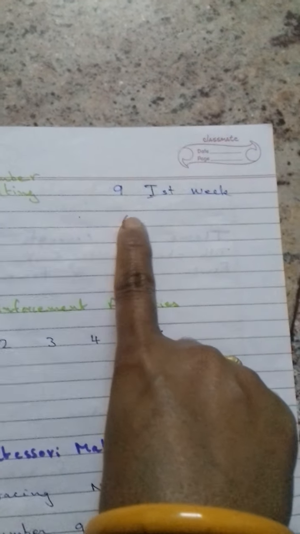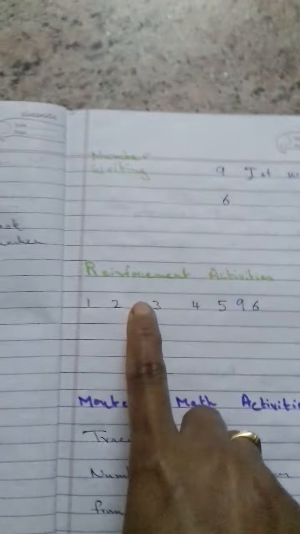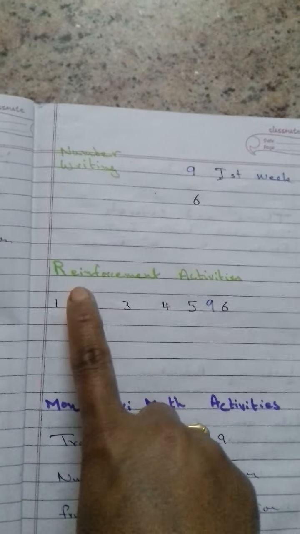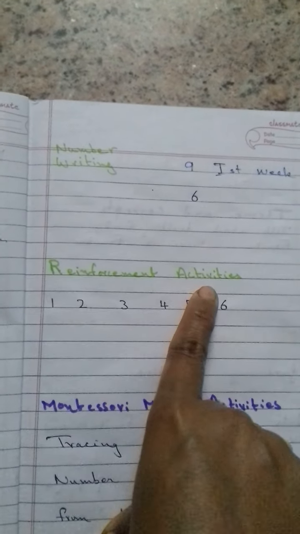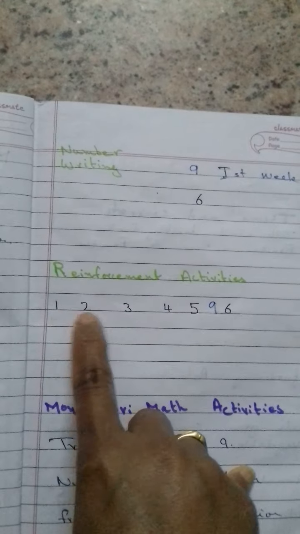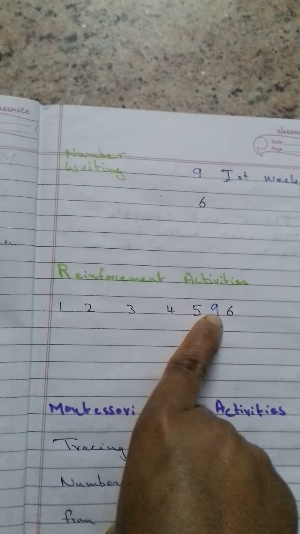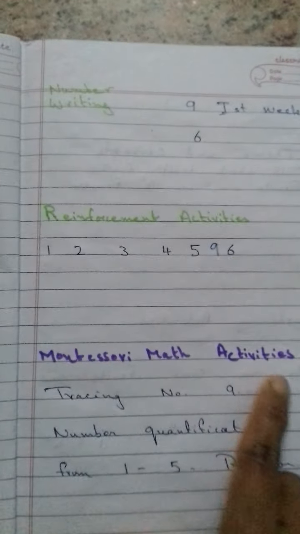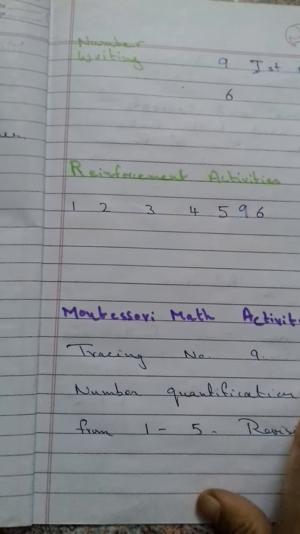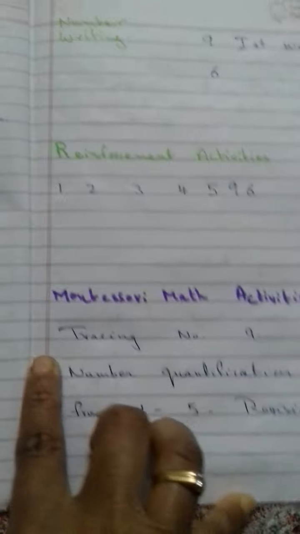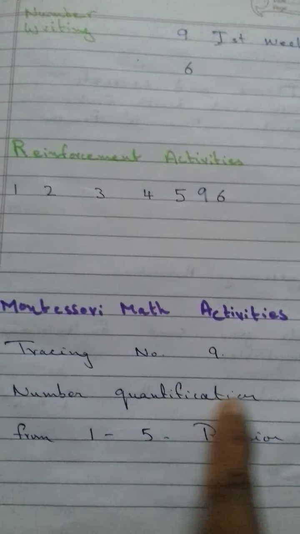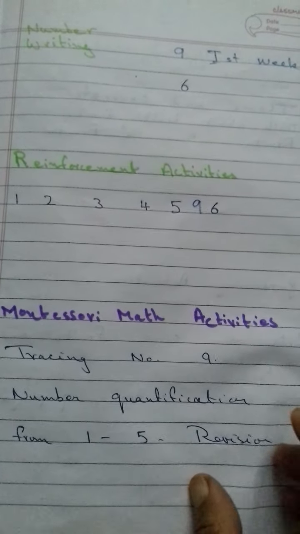Later on 6 we will teach the child. Then in reinforcement activity, make the child write numbers from 1 to 5, then 9 and 6. Montessori math activity, tracing number 9 on sandpaper or sand tray, then number quantification from 1 to 5.